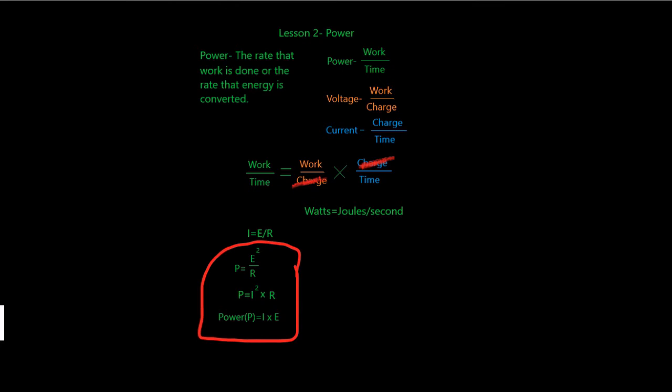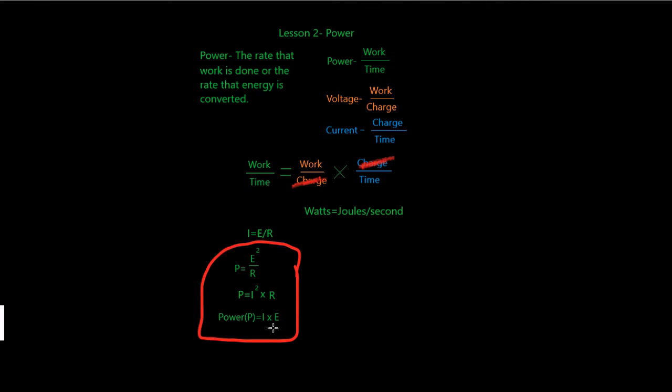So to review, power is the rate that work is done or the rate that energy is converted. We care about the rate that work is done. So that means that power is work over time. Since voltage is the work being done per unit charge, and current is the amount of charge flowing per time, if I multiply them together, the charges cancel and I'm just left with work over time.